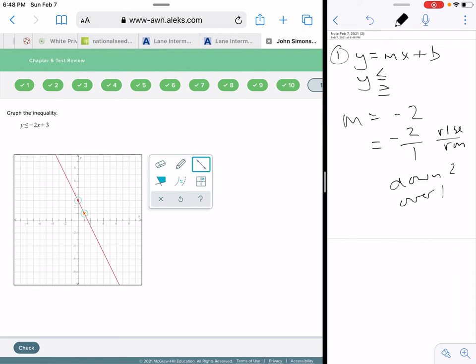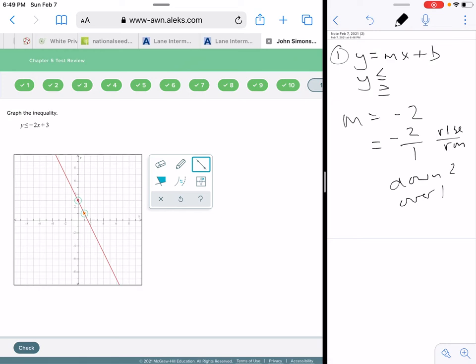Now what we have to do is shade a side. So it's y less than or equal to -2x plus 3. And so what you do when you're graphing this is just say to yourself, okay, I'm going to take a point that's not on the line, and that's clearly in one of the halves. Whenever possible, I take the origin because it's just easy.